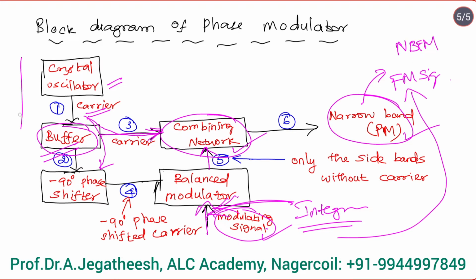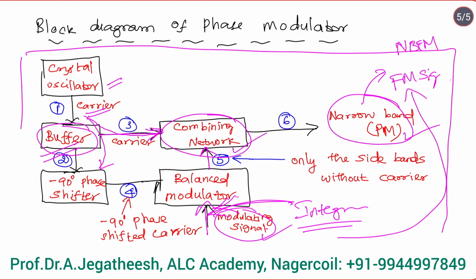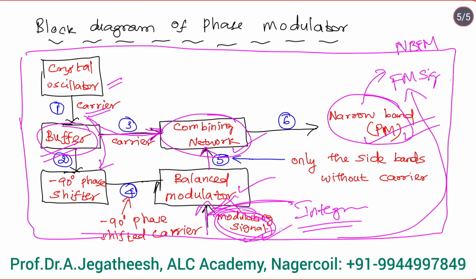So this is the basic diagram which is used for both the phase modulated signal and the frequency modulated signal. The simple difference is that if you apply the modulating signal directly to the balanced modulator, you get a narrow band PM signal. If you use an integrator between the balanced modulator and the modulating signal, then the output will be a narrow band FM signal.